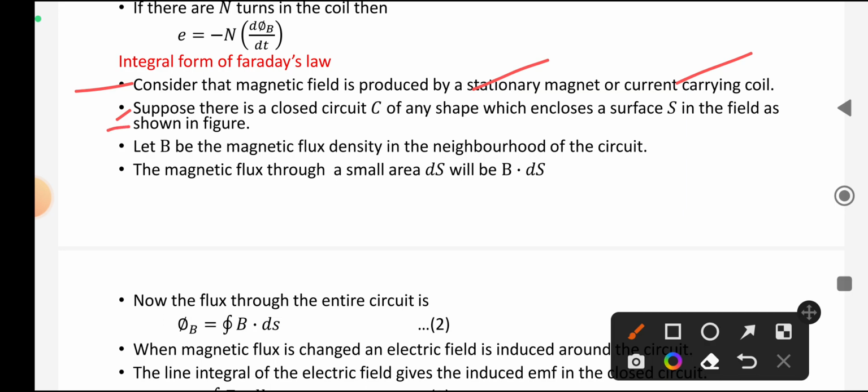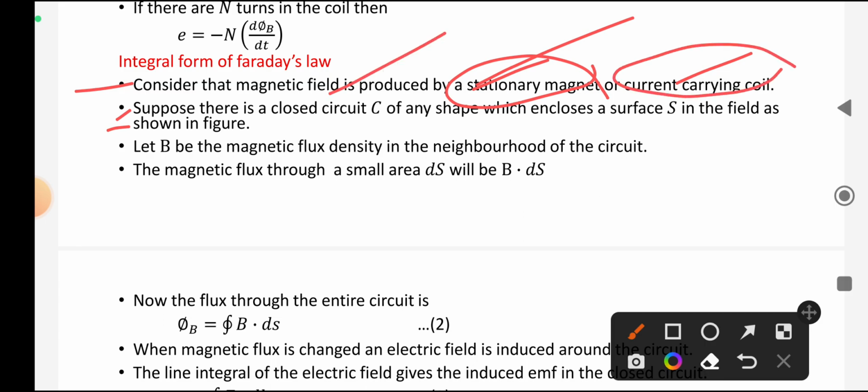First we consider the magnetic field produced by a stationary magnet, or you can take a current carrying coil also, because when current passes through a coil, a magnetic field is also produced.